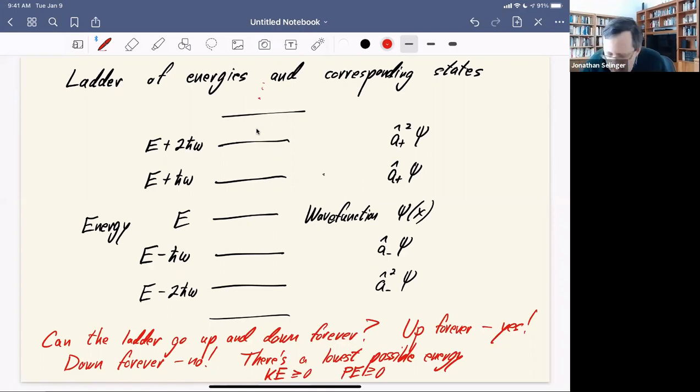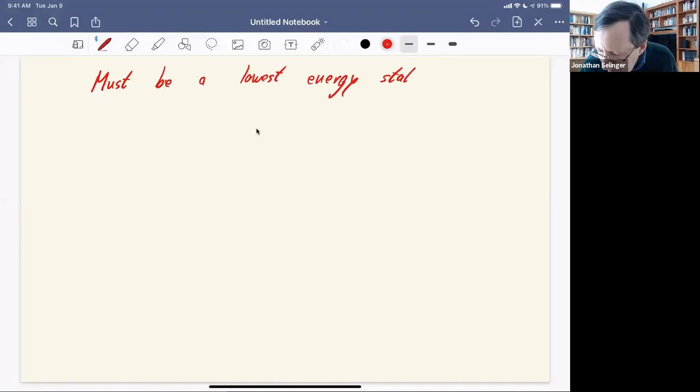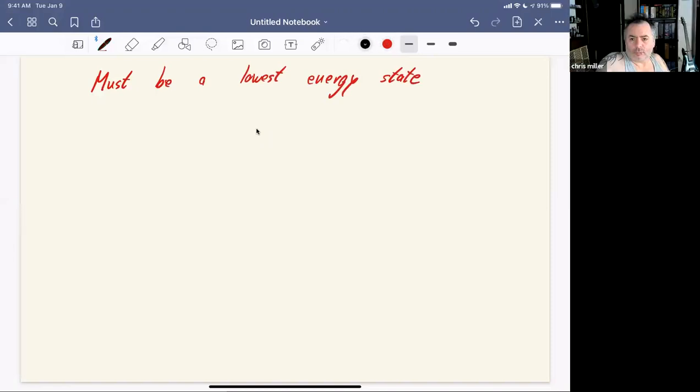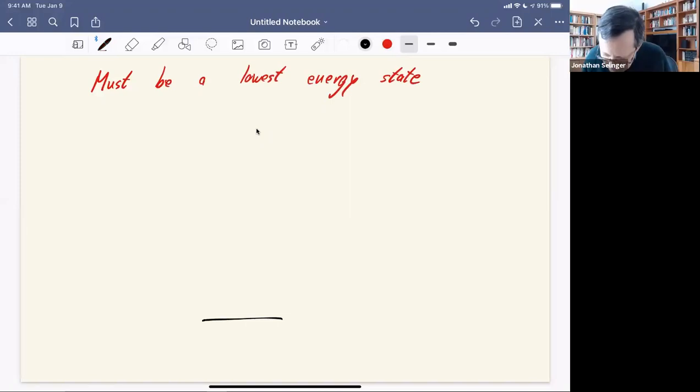So the total energy has to be greater than or equal to 0. So you can't just keep going down in equal steps forever. There must be a lowest energy state.